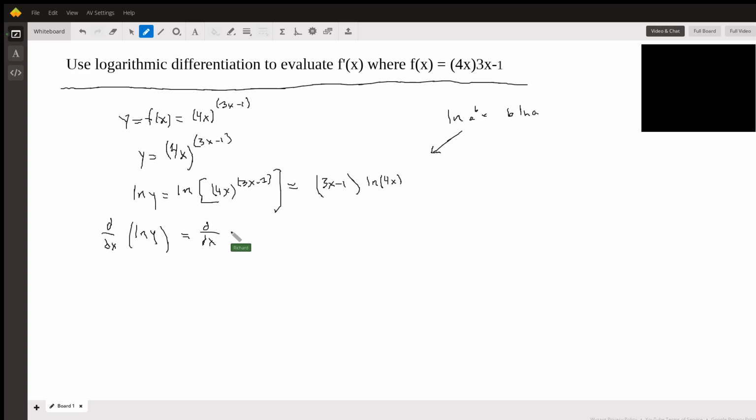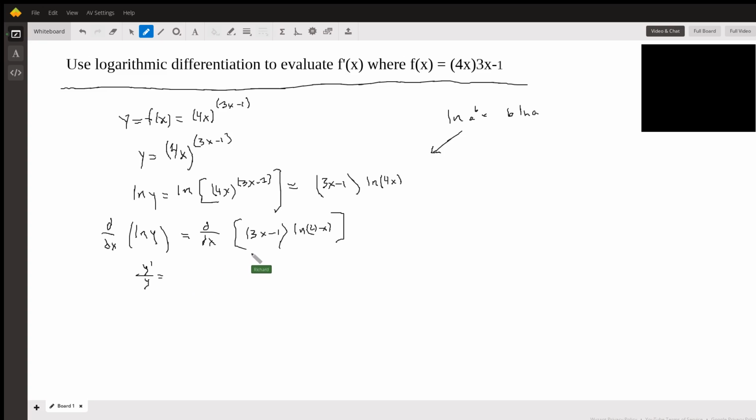Most people would skip these steps. Okay, so this is just 1 over y dy dx. I'm going to write this as y prime over y.